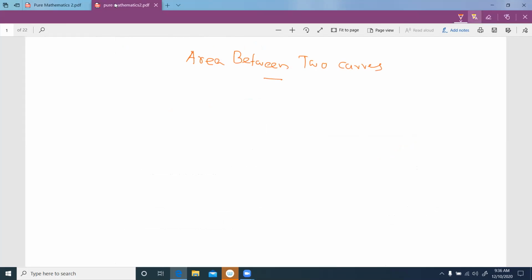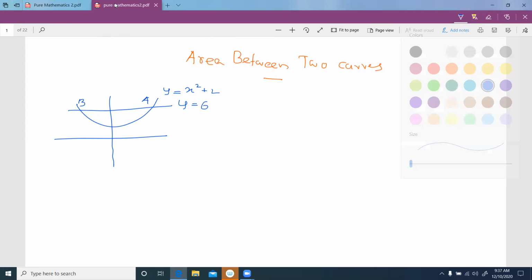Right. So initially, the shape they have given is just like this, and it's a curve y equals x squared plus 2 that meets the line y equals 6 at two points A and B. They need to find the region enclosed over here, right?